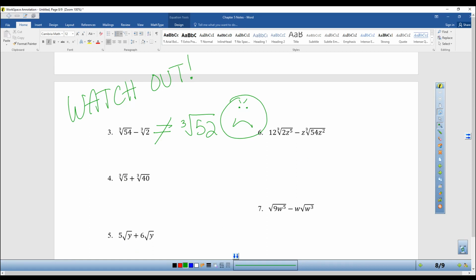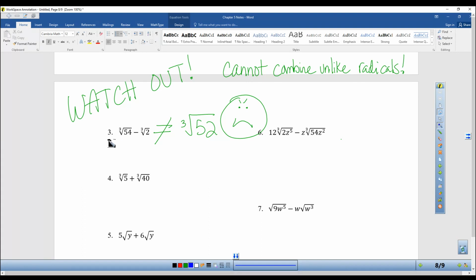This kills me right to the end. Even seniors in calculus do this wrong. You cannot combine unlike radicals. You have to make them the same if you want to attempt to combine them.